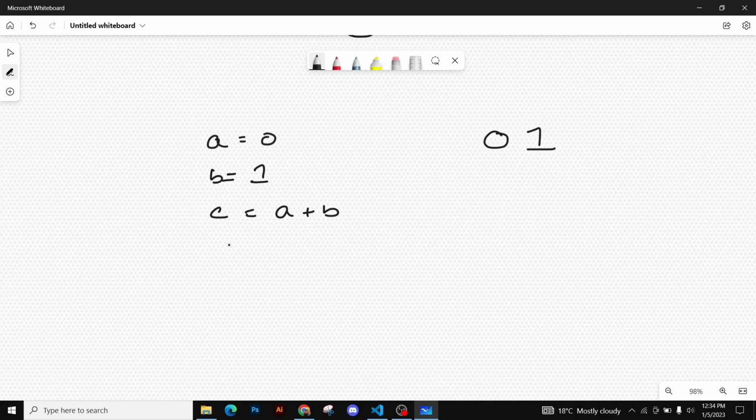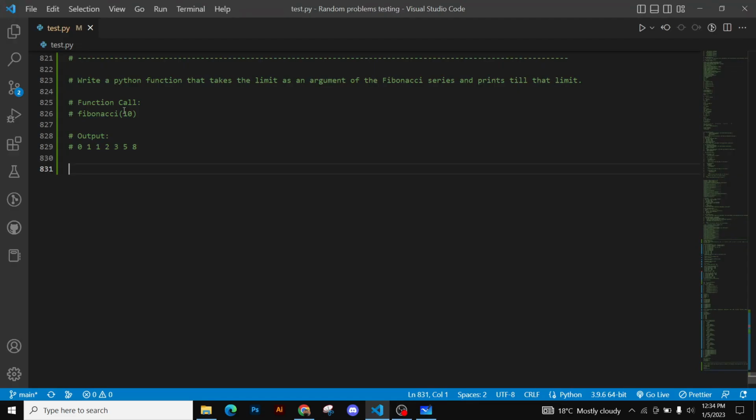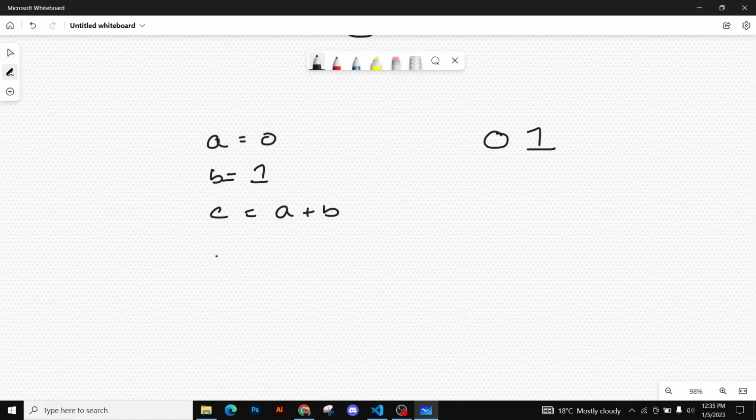Now we were asked to find the Fibonacci series until 10 terms. Since our limit, or argument, is 10, what we're going to do initially is check that our value of a is less than the value given in the question, that is the limit or argument.